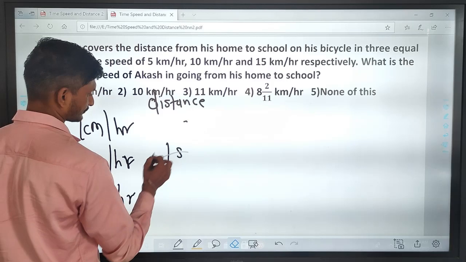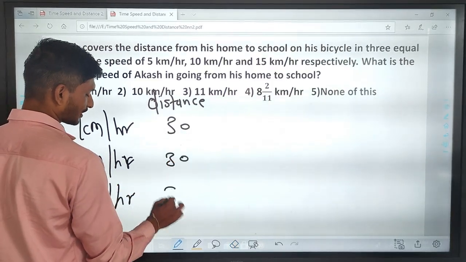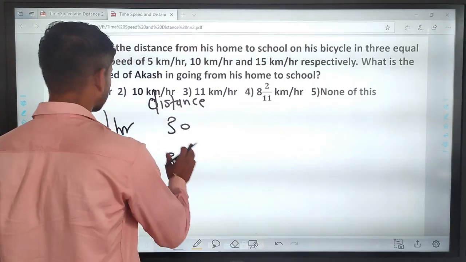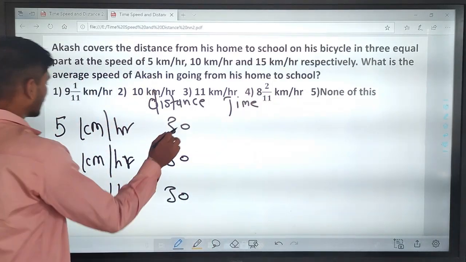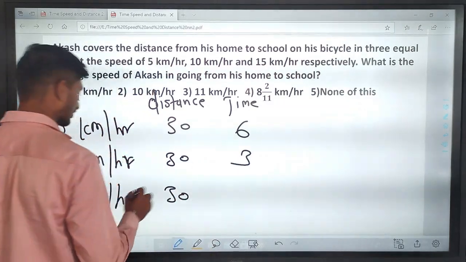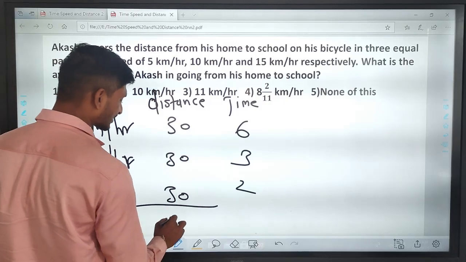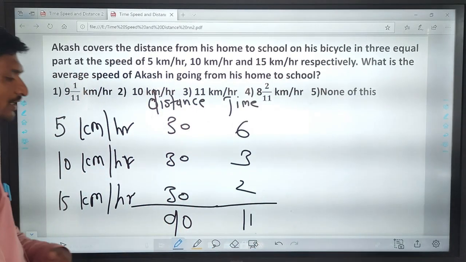Now the time required to travel this distance at each speed: 30 divided by 5 is 6 hours, 30 divided by 10 is 3 hours, 30 divided by 15 is 2 hours. Total distance covered is 90 km and total time required is 11 hours.